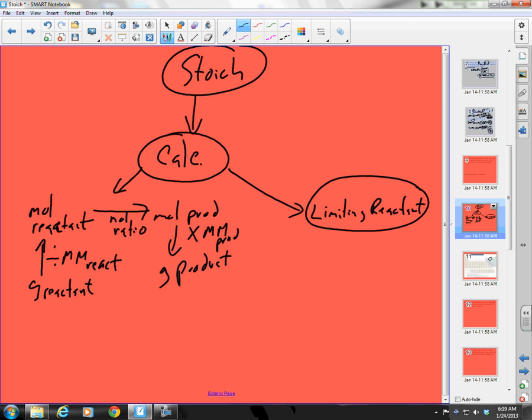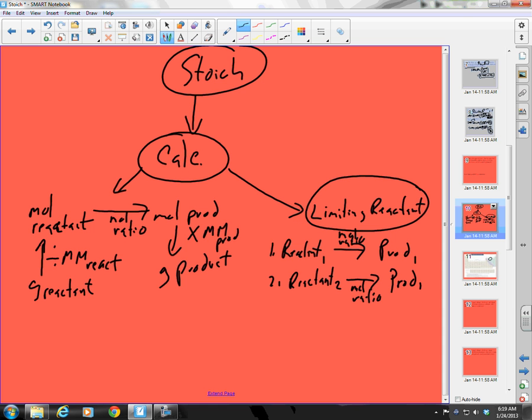And we said, well, the process is number one, calculate a product from one reactant. So we'll take reactant one and calculate product one using mole ratio, right? And then we're going to take reactant two and calculate product one again using its mole ratio.